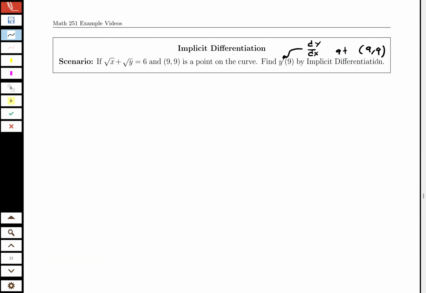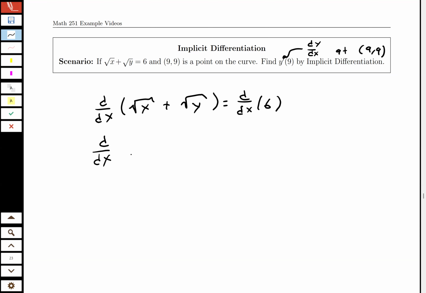(9, 9). So I'm going to take the derivative with respect to x of both sides of the equation here. As a reminder, square roots are really the same thing as a 1/2 power, so this is x to the 1/2 and y to the 1/2.